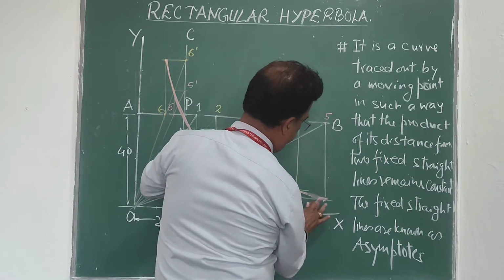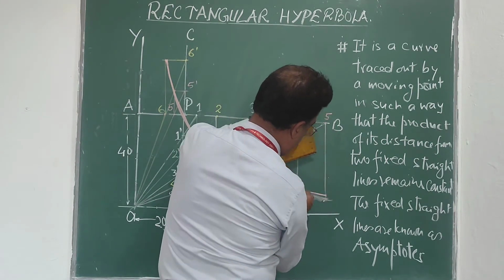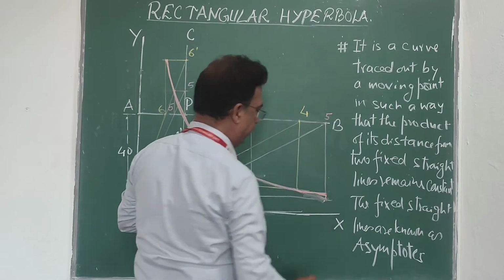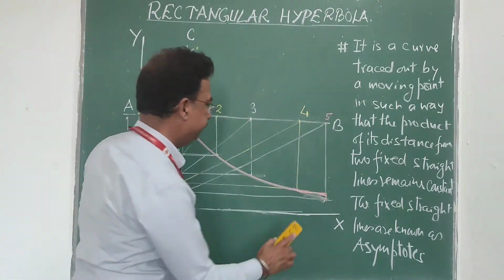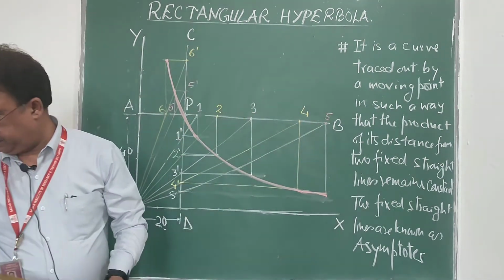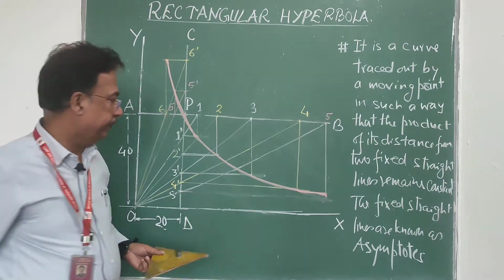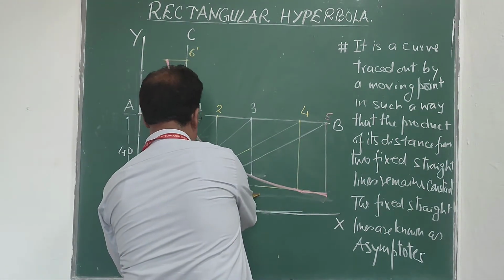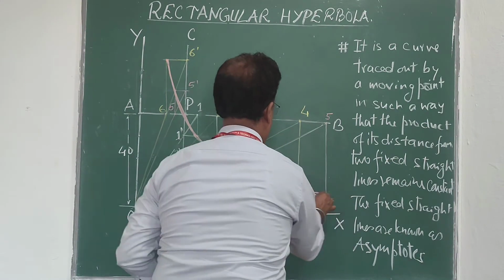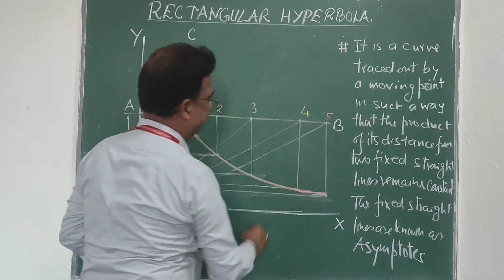So that will be another point on the curve. So this curve is known as rectangular hyperbola.